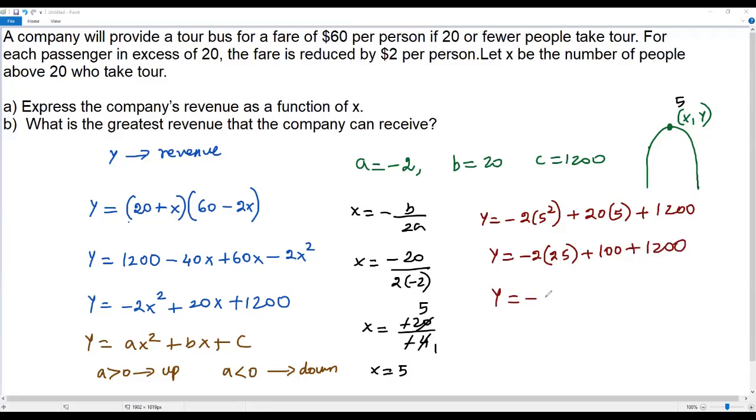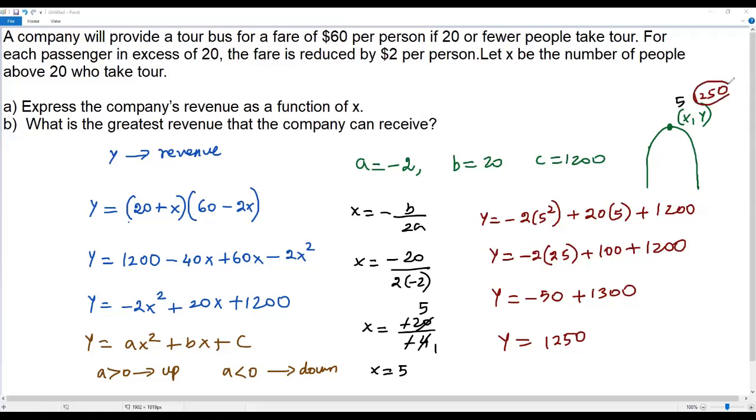Negative 2 times 25 is negative 50, 20 times 5 is 100, and plus 1200. Both of these are positive values, so we can combine them to get positive 1300. Combining negative 50 and positive 1300, I get positive 1250. So the y coordinate at the vertex is 1250.